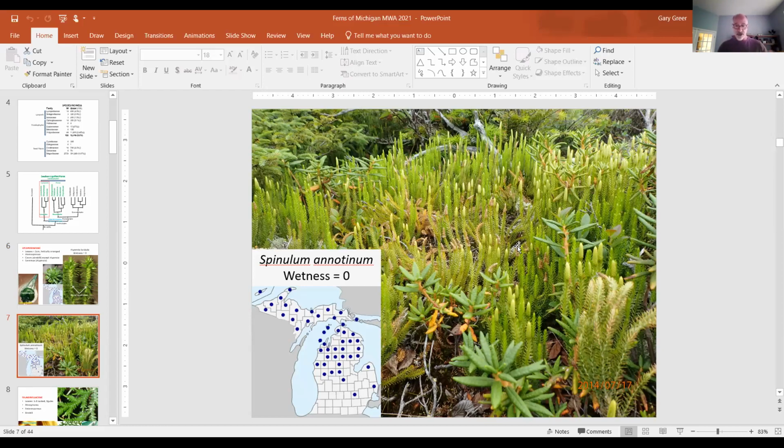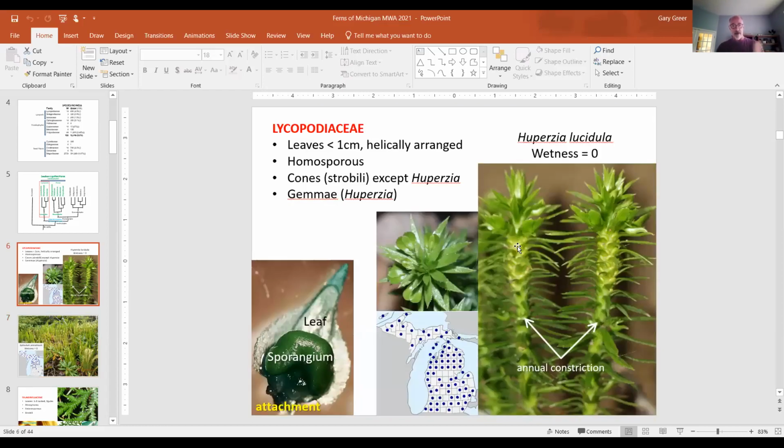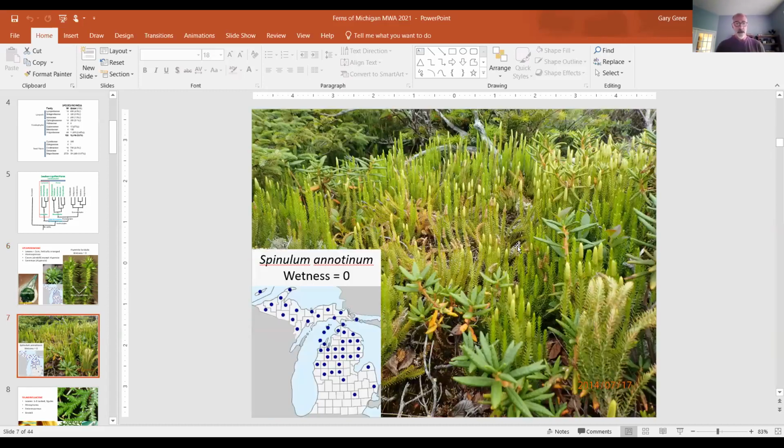I'm going to jump back up again and say, obviously, Huperzia is very widely distributed throughout the state. I'm rather surprised that some of the counties shown don't have records for it. I suspect it's there. Very, very common. Spinulum's pretty common, but more in the northern half of the state.